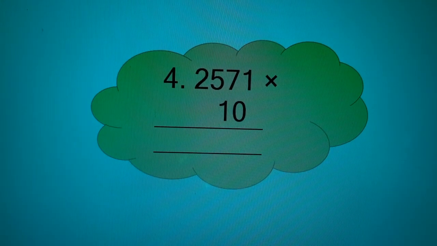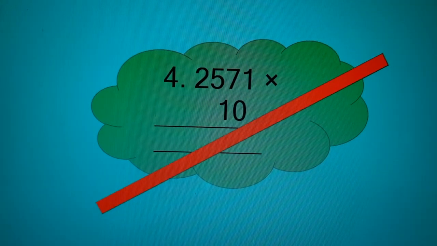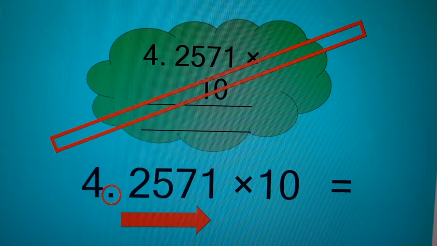Please remember that we do not apply the long multiplication method when you multiply a decimal by a power of 10. Instead, we simply move the decimal point to the right as many places as there are zeros in the power of 10.